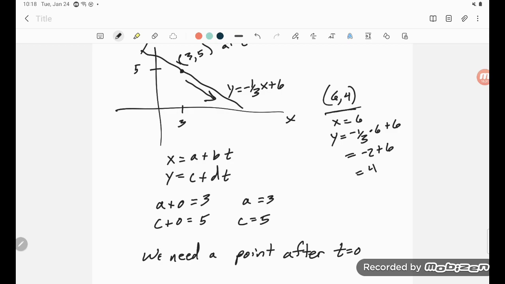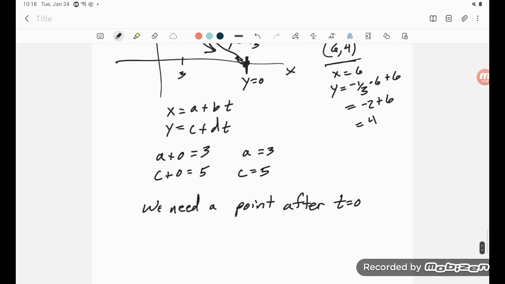That's fine. But me, actually, I kind of like using zeros. And so I think I'd like to find this point here where y equals 0, that x-intercept. And if that's the case, then I've got 0 equals negative 1/3 x plus 6. So I have 1/3 x equals 6.